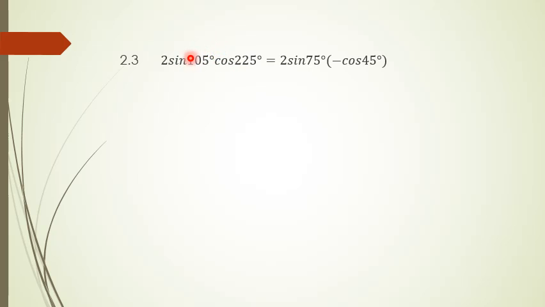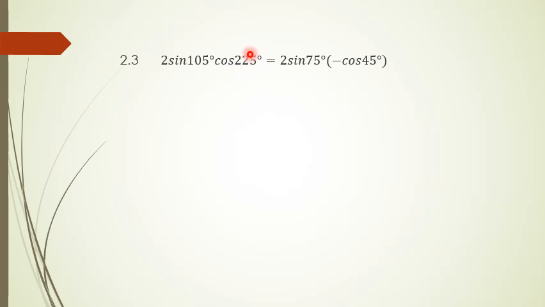Now 105 is in the second quadrant, and it can be written as 180 minus 75. And in the second quadrant, sine is positive. So 2 sine 105 reduces to 2 sine 75 degrees.